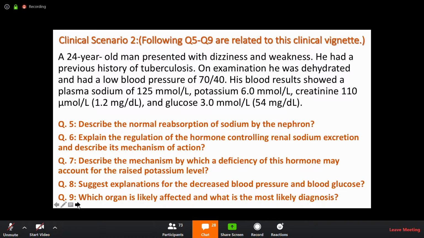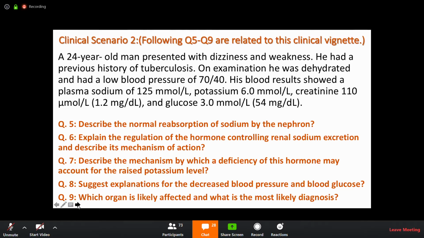Normal is around 60 to 90 milligrams per deciliter. If we summarize, his blood pressure is low, which is probably what is causing his dizziness and weakness. His sodium is low, his potassium is high, his creatinine is kind of normal, and his glucose is low.